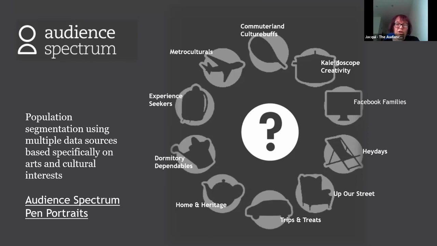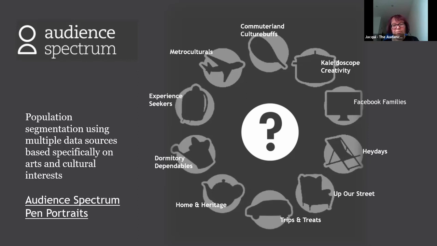It's more to do with opportunities to engage, how relevant the offers are to people, their preferences, and the barriers they might face. So all of those play into people's levels of engagement. And the other thing about the segmentation is that it makes no value judgments about the types of arts and culture that people enjoy or their reasons for engaging with them.